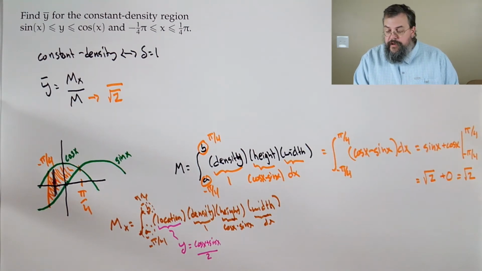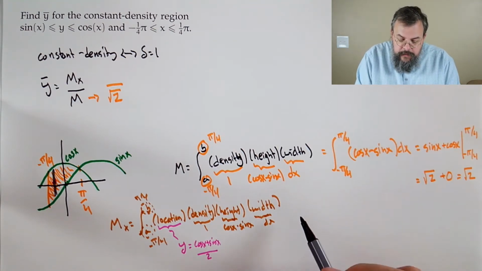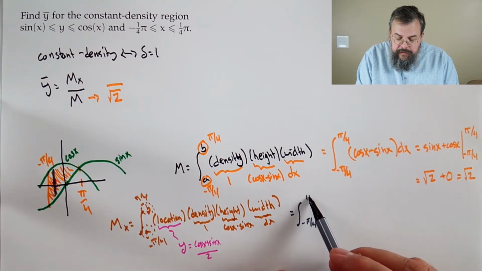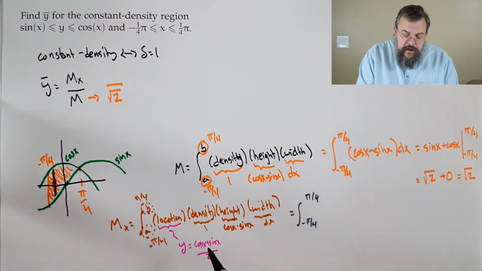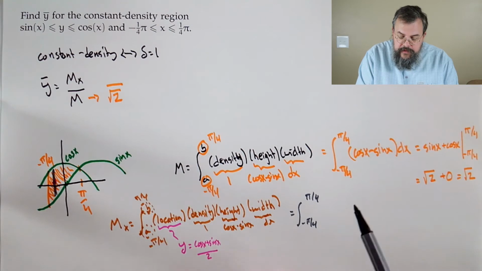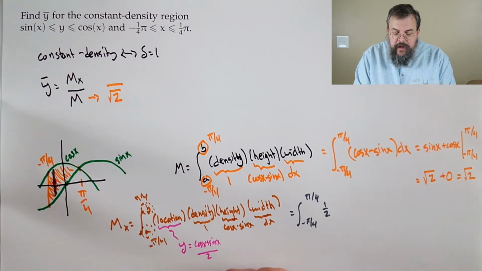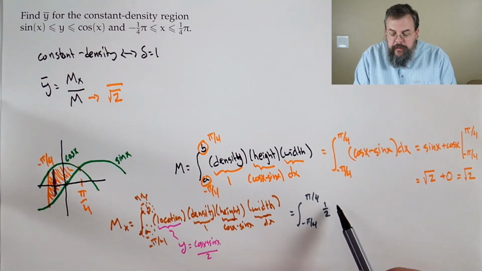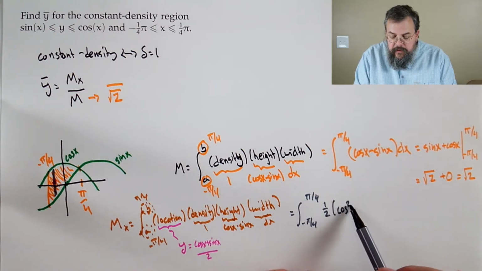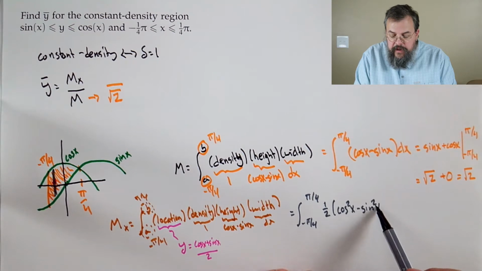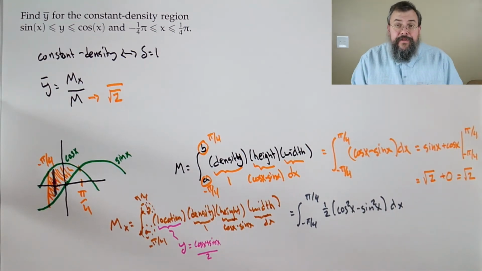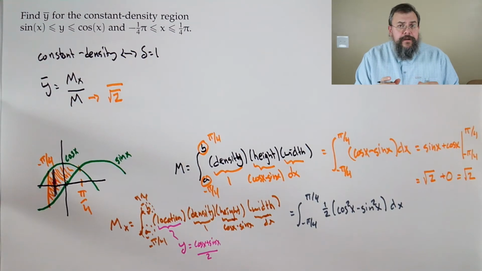So what does this integral become? This becomes, when you clean it up, minus pi over 4 to positive pi over 4. Then you have the 1/2, so we'll just write that 1/2. Cosine plus sine times cosine minus sine becomes cosine squared minus sine squared, and then dx. All right, so that's what we have to integrate. But can we?